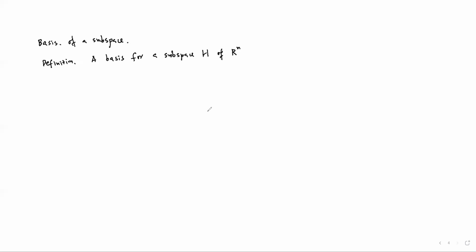A basis is a linearly independent set. A basis is a set of some vectors in H. Those vectors are linearly independent.